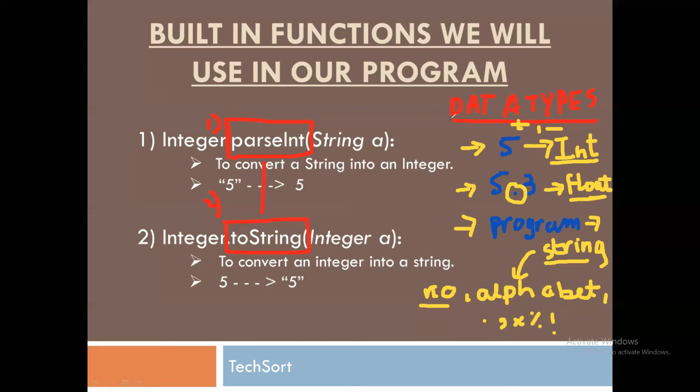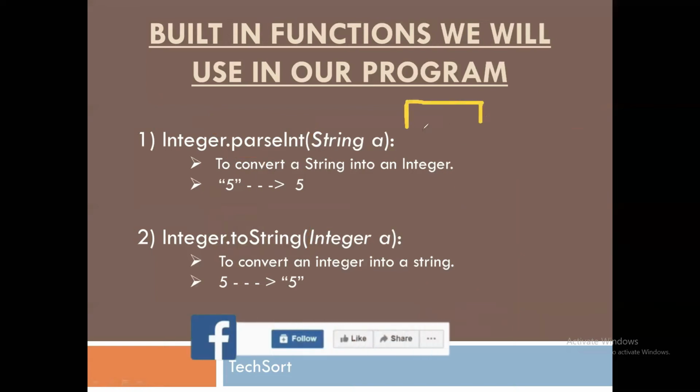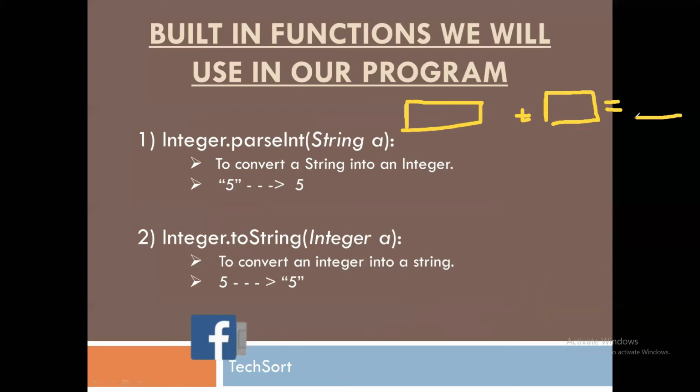So once we have learned about these data types, now we can understand these two functions. For example, these were my two inputs from the user, and this was the answer. It was a JLabel, and these were the text fields.